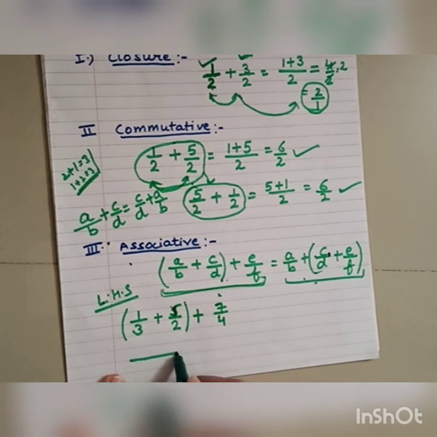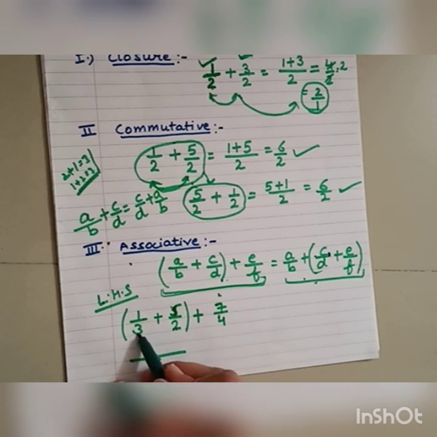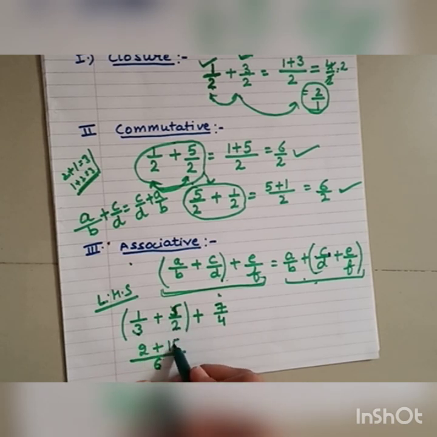1 by 3 plus 5 by 2. How can we add these? Take the LCM. LCM of 3 and 2 is 6. Now solve: 3 twos are 6, 2 into 1 is 2, plus 2 threes are 6, 3 fives are 15.